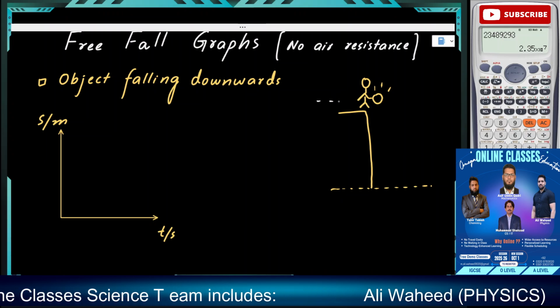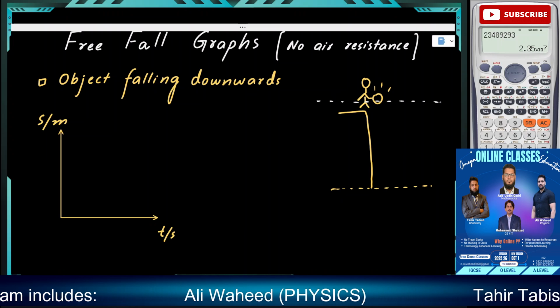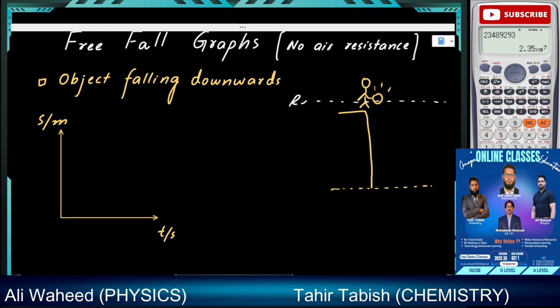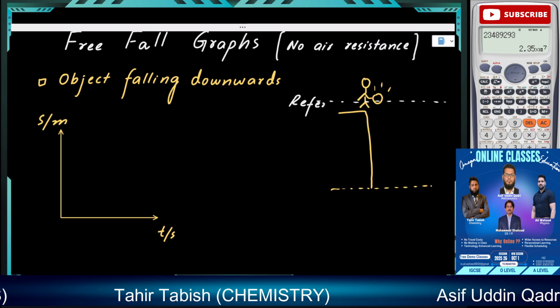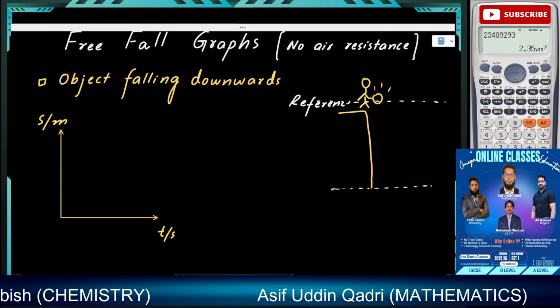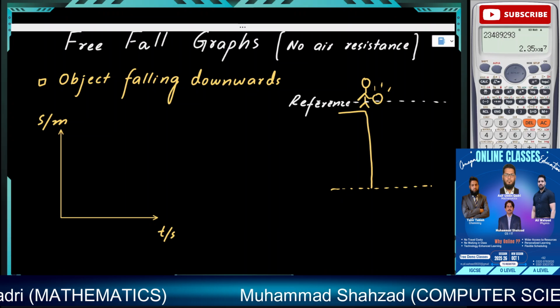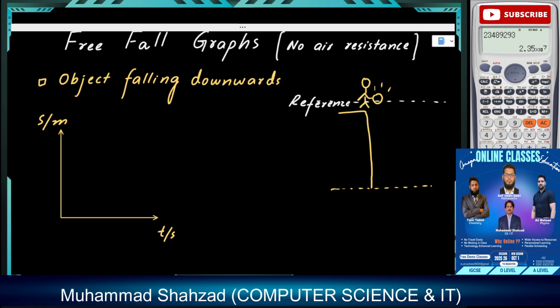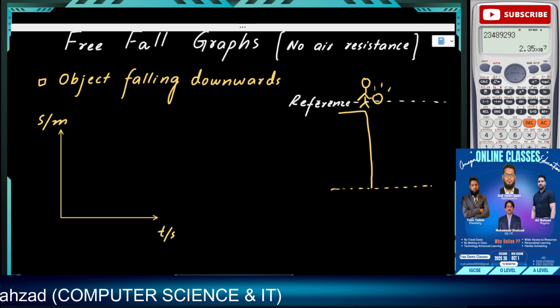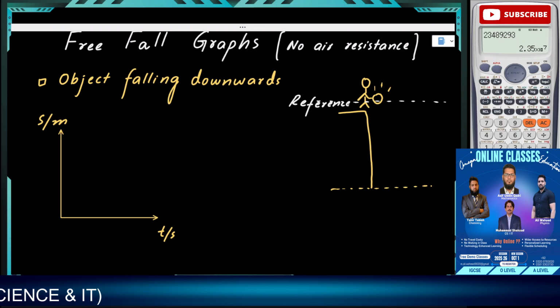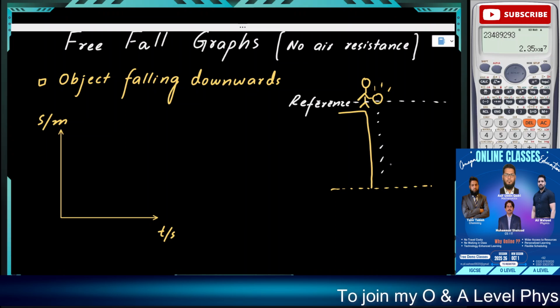And if this is our reference point, the point of release, let's call this the reference point, the displacement is also 0. If this is the reference point, the displacement is 0 and the velocity is also 0. But as it goes away from the reference point, the displacement would increase.